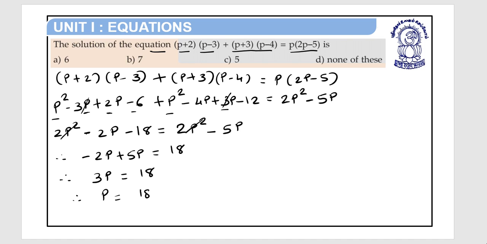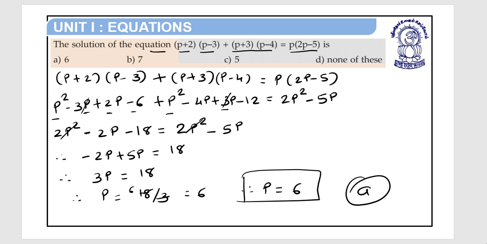So p is equal to 18 by 3. 3 6s are 18. So p is equal to 6. So answer is A. P is equal to 6.